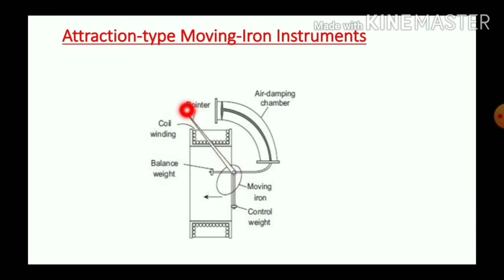The pointer is attached to the spindle, and the pointer moves over the graduated scale. And here we have an air chamber mechanism and piston. It is for providing sufficient damping, and controlling weight and balance weight are connected to the spindle.